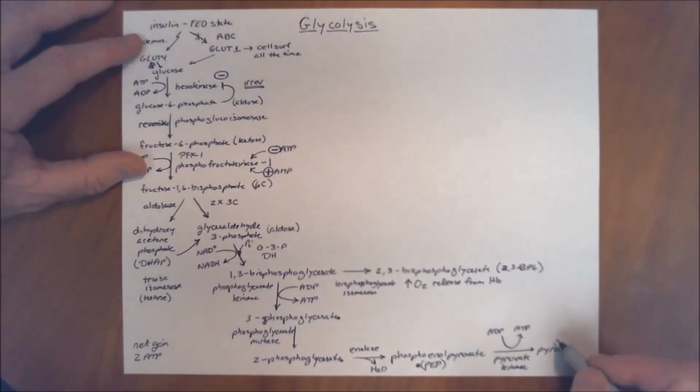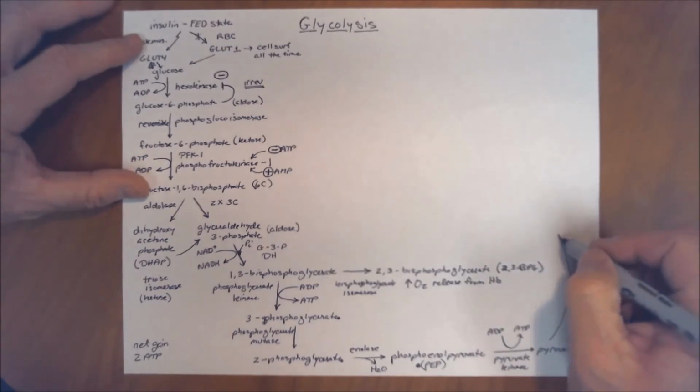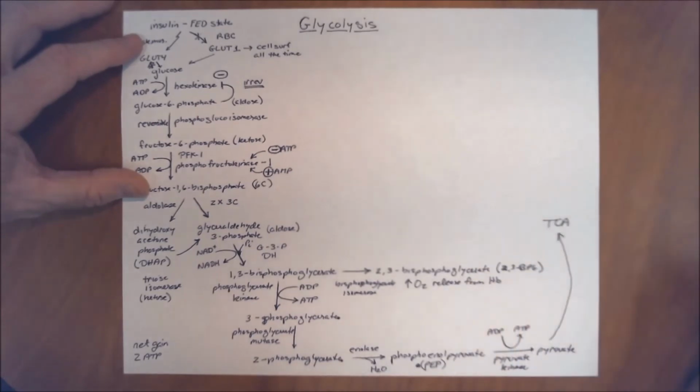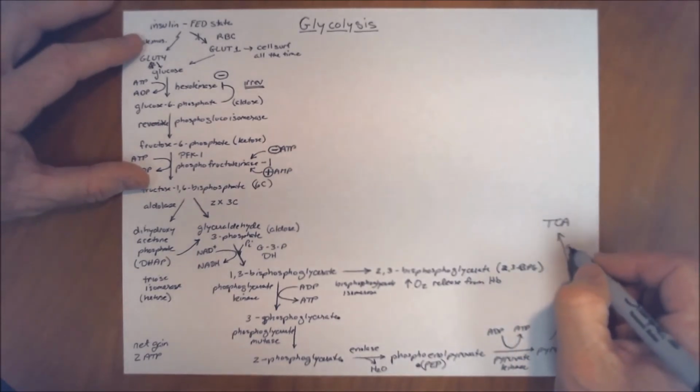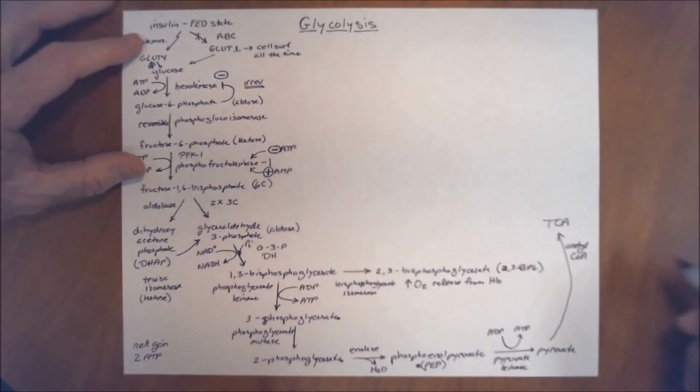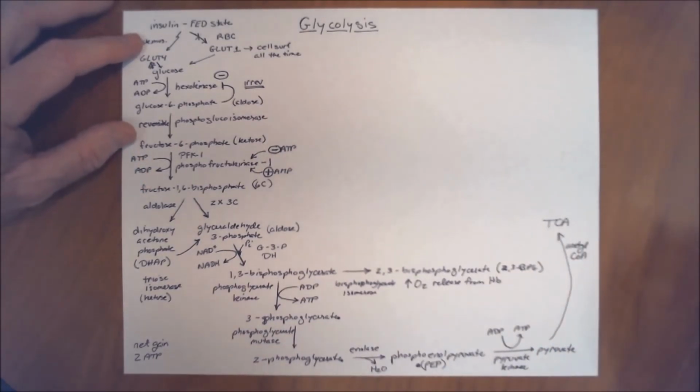Now the fate of pyruvate we'll talk about when we talk about the TCA cycle. We can process pyruvate into acetyl-CoA and enter that into the TCA cycle to generate more energy.